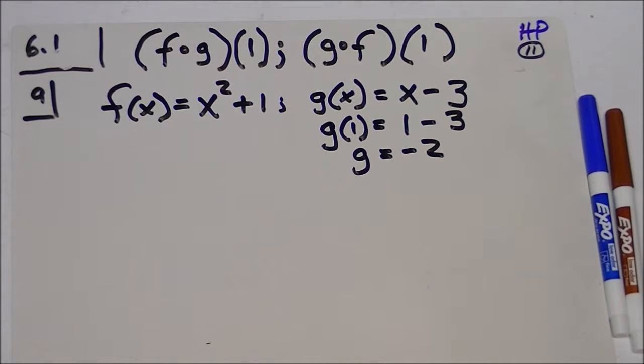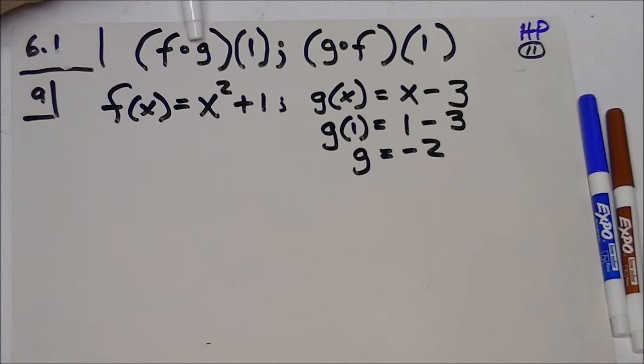As we look at topic 6.1, we're dealing with function and a section called composition, where something is composed of something else. So the symbolism of this is that we say f, this little circle indicates composed of g.